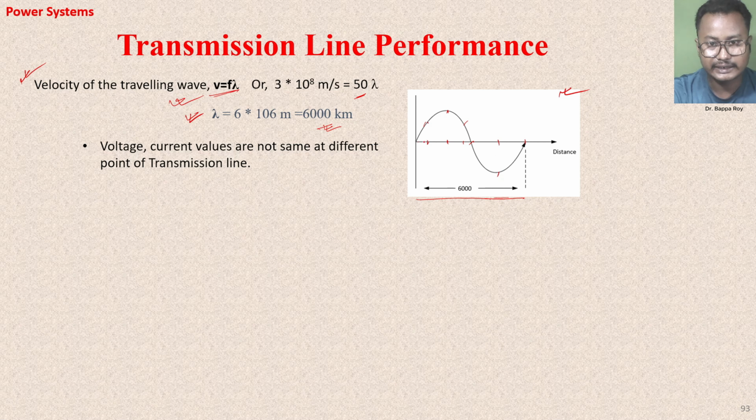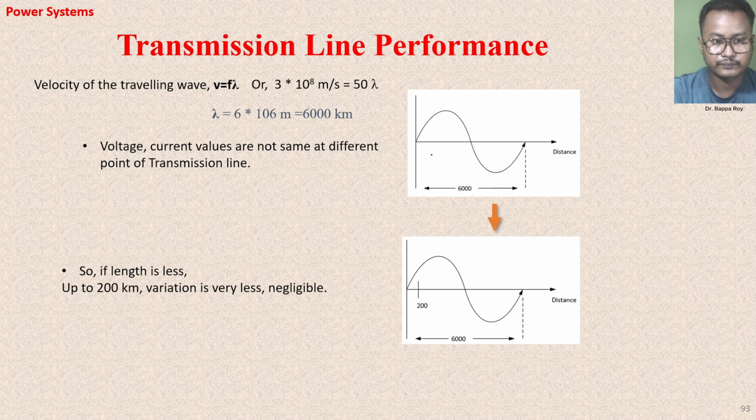So at different points, whether it is a voltage signal or a current signal, the value is not the same. From this graph, we can say at every point it has a different value.